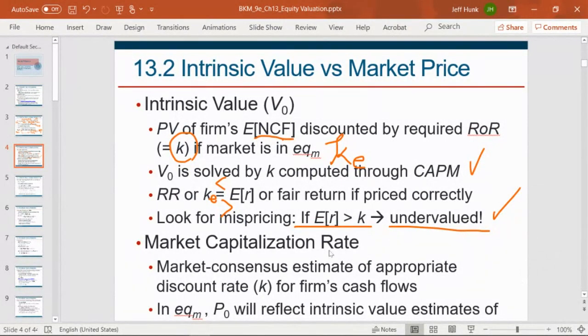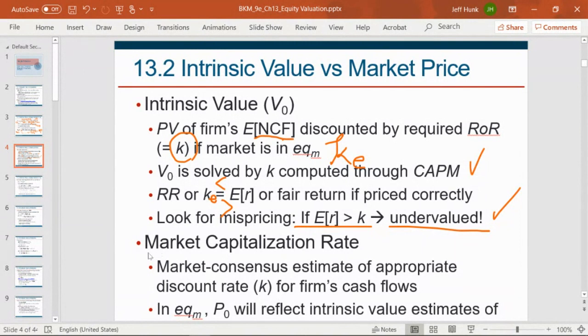Buy target, right? And then to calculate intrinsic value, we need required return or cost of equity, right? And by CAPM, if the price is correct, if it is not mispriced, required return is equal to expected return.